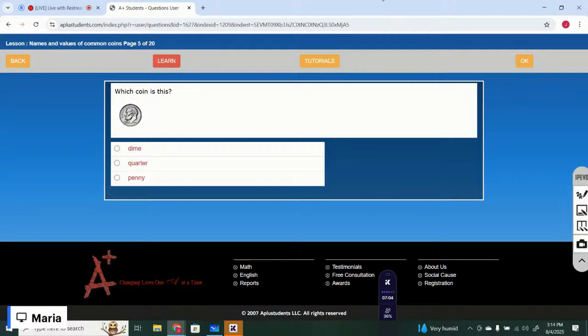Dime, quarter, and penny. This is the other side of the dime, so dime it is.